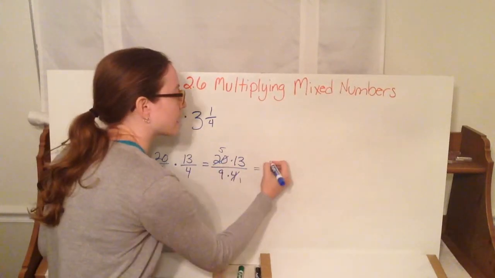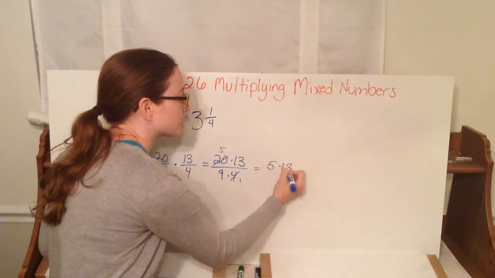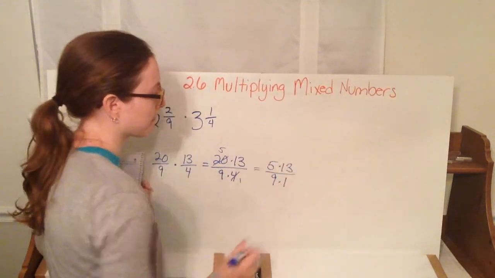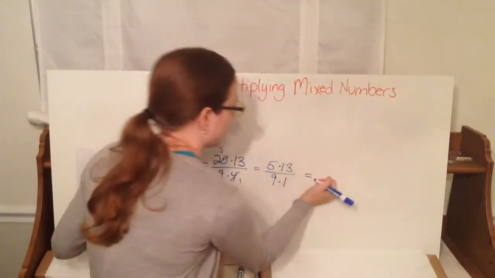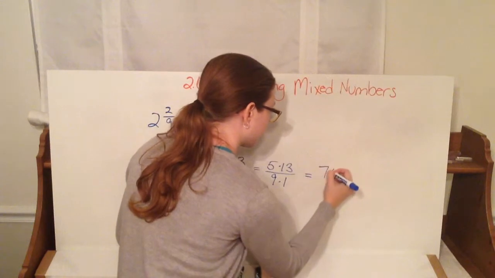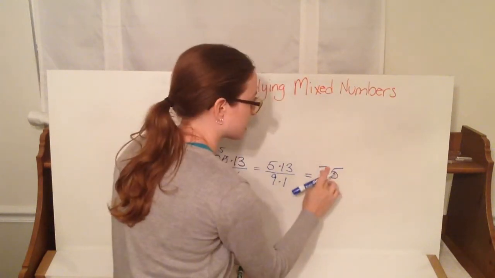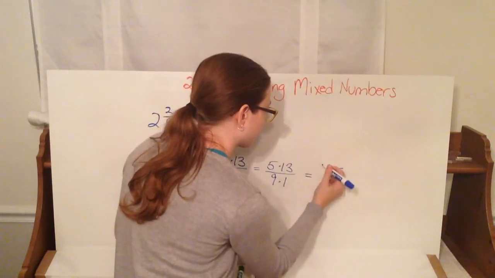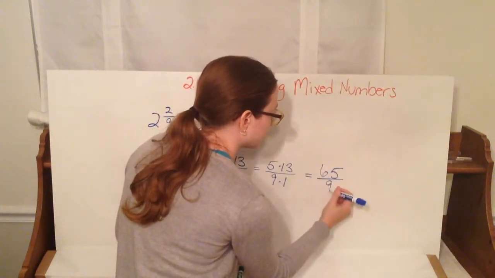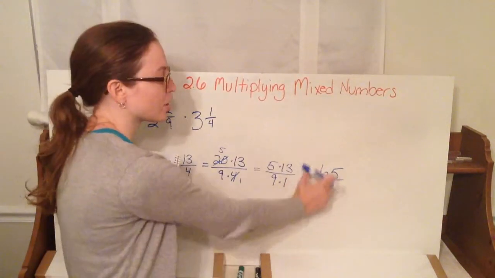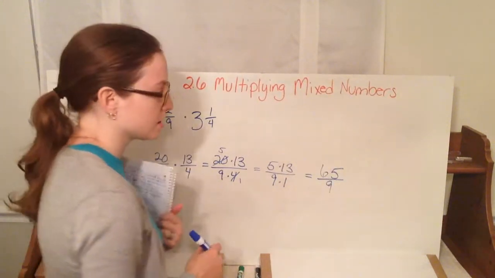When I rewrite this, I have 5 times 13 over 9 times 1, and I get 65 over 9. And because I couldn't reduce anymore here, I don't need to go crazy trying to reduce things there.